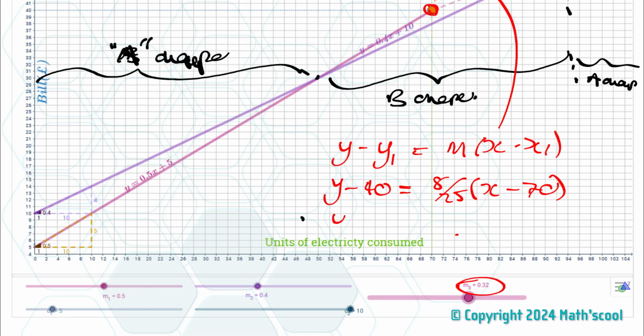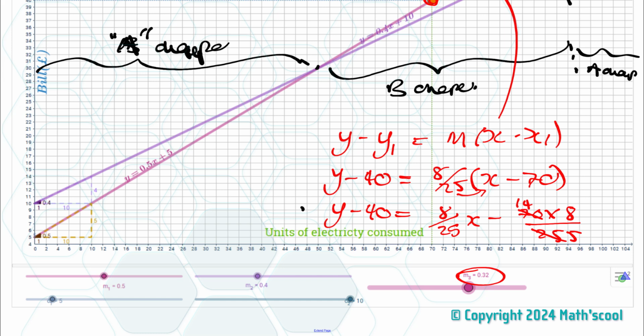So we can multiply that out. Y minus 40 equals 8 over 25 x, minus 70 times 8 over 25. We can cancel that down, 14 and 5. And so that gives me 112 over 5.